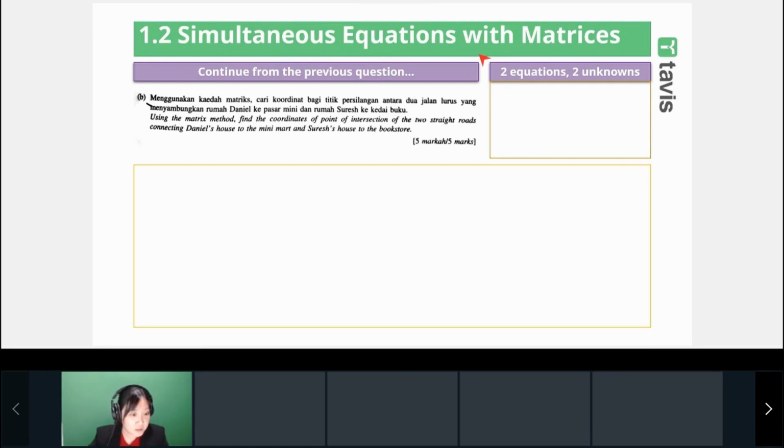For those who have read the question already, you can try first if you know what to do. After you try, we can compare our answers. Paste. Let me clear all this.